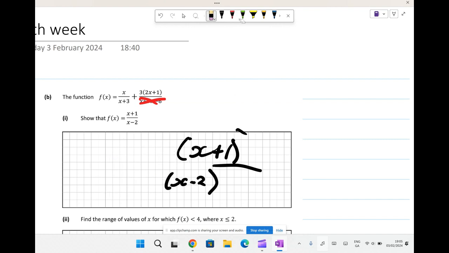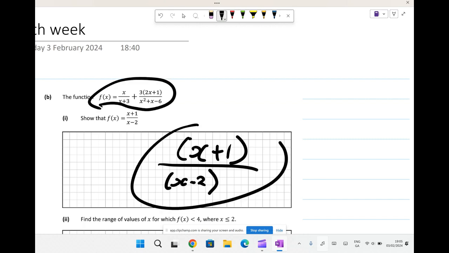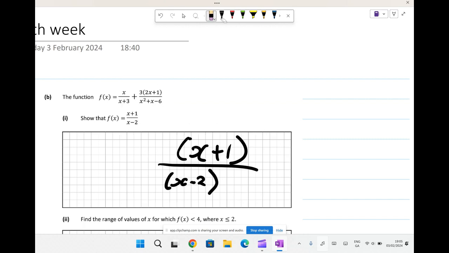So what we're left with is exactly what they want. We have x plus 1 over x minus 2. And great, so we've simplified what f of x was equal to, and now we've written it like that, and that's all I want.